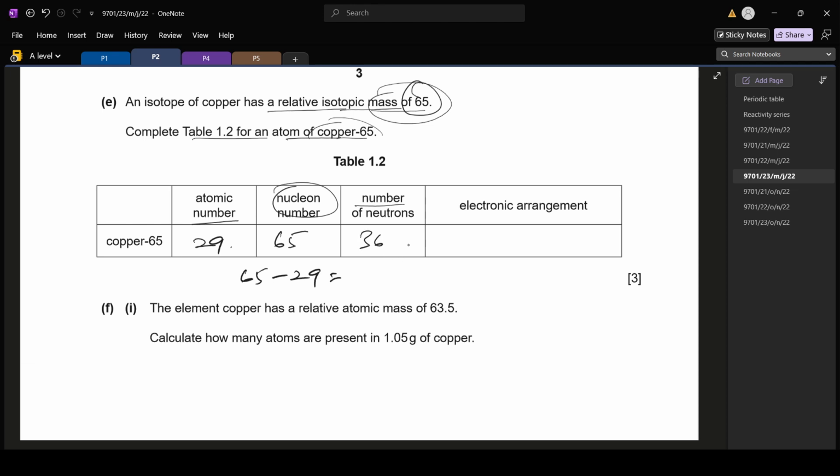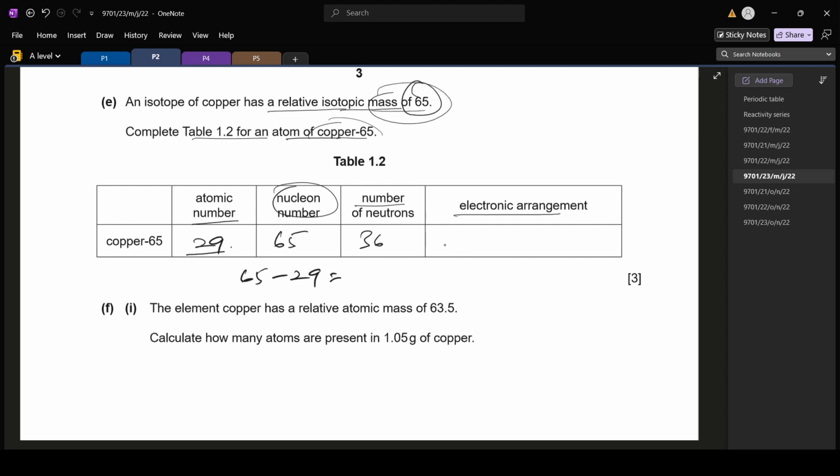Okay, and what is going to be the electronic configuration? In an atom there are the same number of protons and electrons, so it will have 29 electrons.